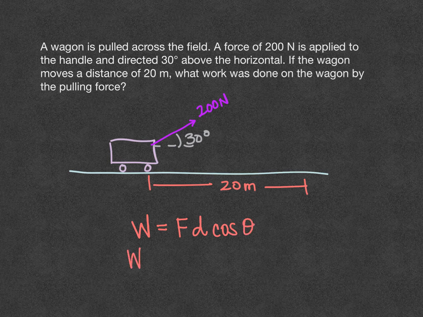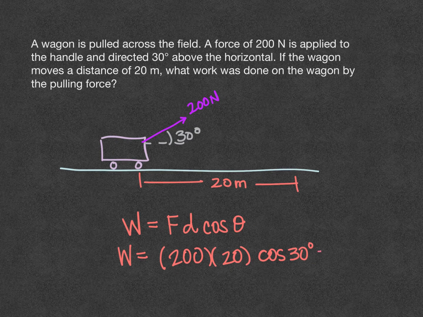So in this case, the work would be 200 times the distance times the cosine of 30 degrees, which equals 3,464 joules.